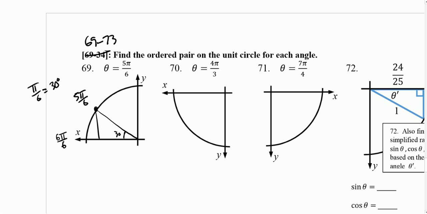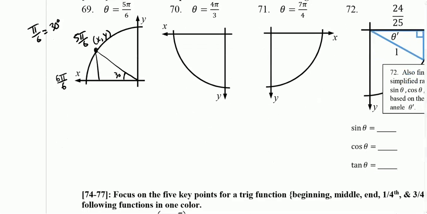Okay, and so we're looking for the x and the y coordinate on the unit circle. So think about our 30, 60, 90 right triangle. I'm going to orient the same way. We use side lengths 1, 2, and root 3, which is different than the unit circle because the unit circle has a hypotenuse of 1. But that's okay because we know x is the cosine of this angle.